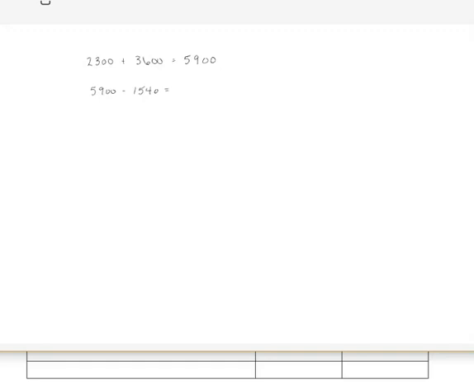That will tell us how much in supplies we actually used that period. So take your $5,900 and subtract out $1,540. Take just a moment to do that, and you should come up with $4,360. That's the amount of supplies used.